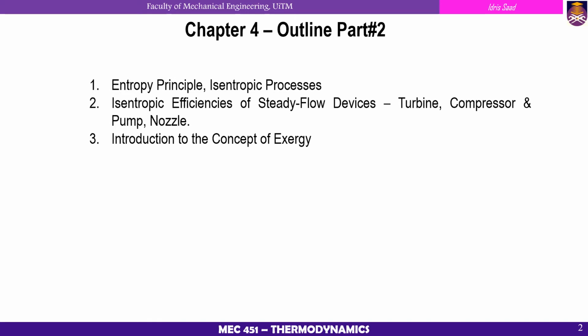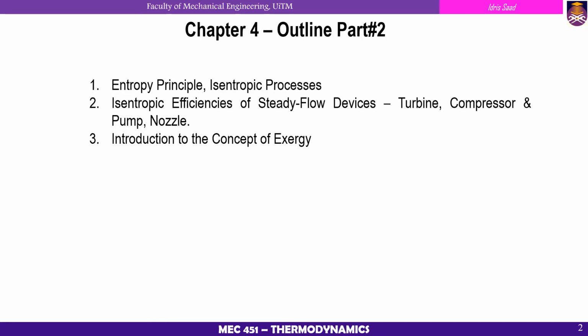This chapter will be completed when we finish discussing the concept of exergy. As a reminder, in order to proceed with this video, I hope that you have understood the first part of this chapter properly. Furthermore, you also need to cover the first, second, and third chapters.